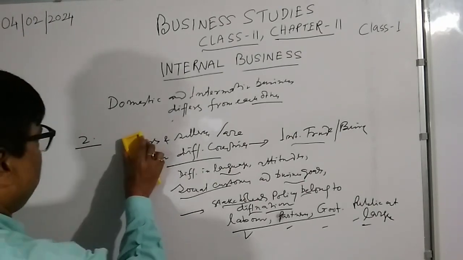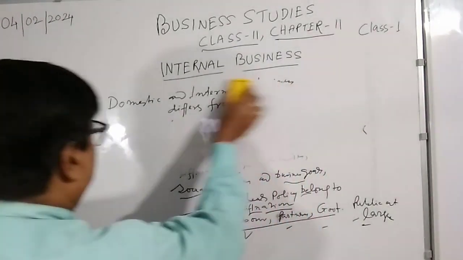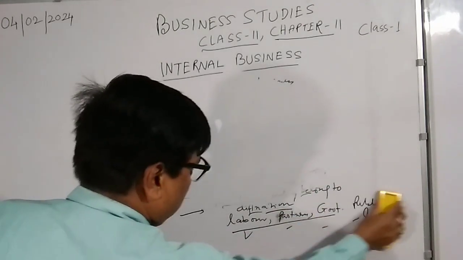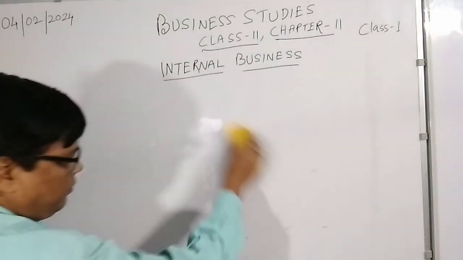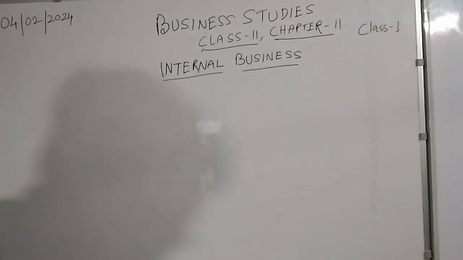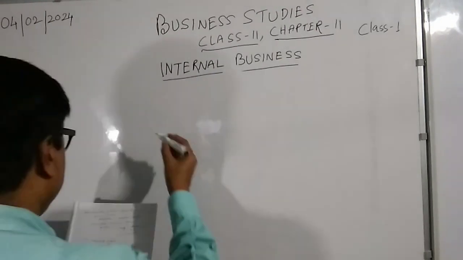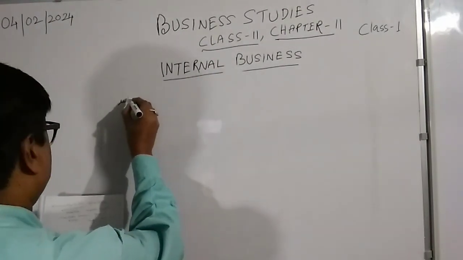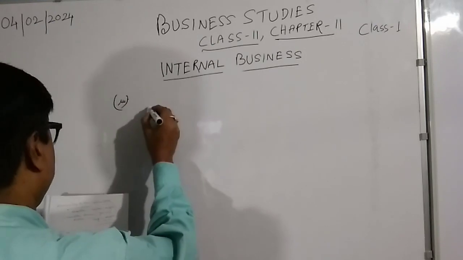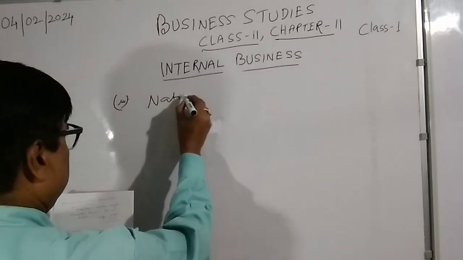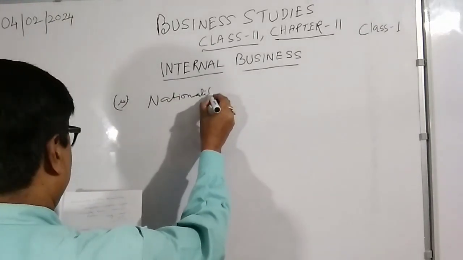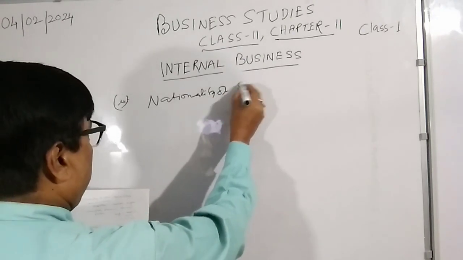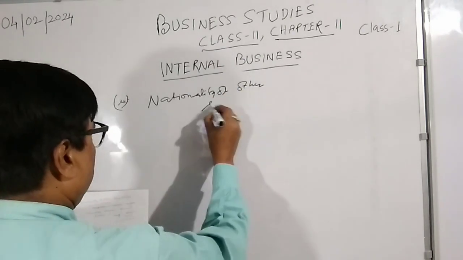Now we will go to some other points. You have to understand all those things. Number three, or rather number two point, is the nationality of other stakeholders.